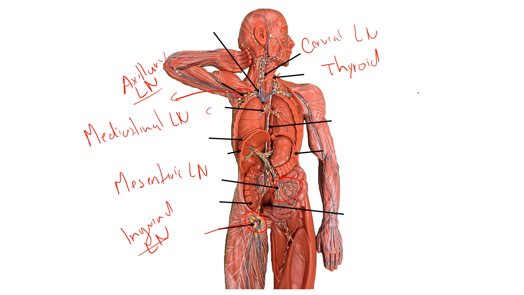Then we have this white stuff here in these two, all right? So this one is the thoracic duct. And the one that we have on the right side, that will be the right lymphatic duct. What else?